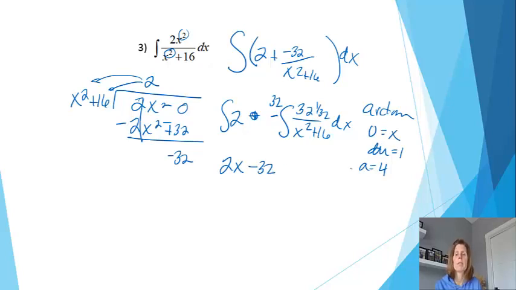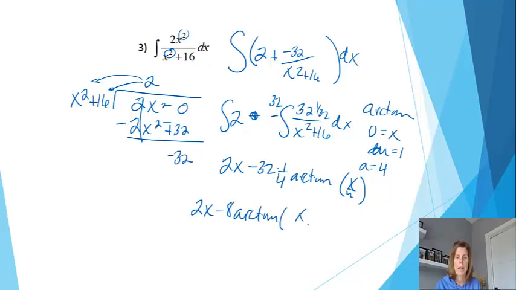In an arctan problem, it's going to be 1 over a, arctan u over a, so x over 4. So if I just simplify this a little bit, I'll get 2x minus 32 times 1/4 is 8, arctan x over 4 plus c. Hopefully now you can use long division to take the integral of an integral.